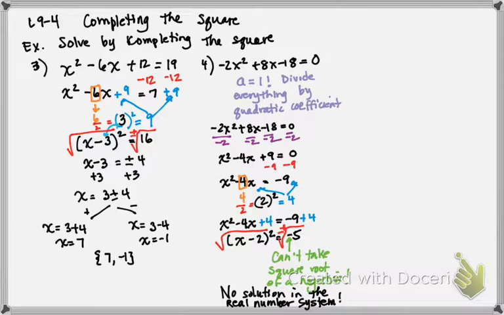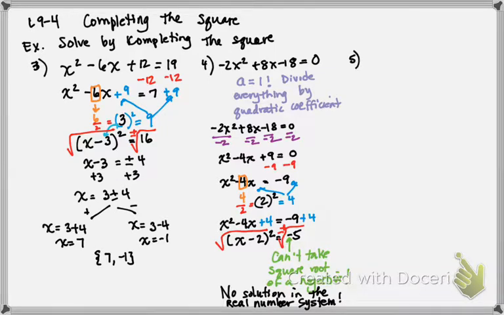Now the one thing you haven't seen yet, and I want to introduce you to it, is I've always had even linear terms. So what if I don't have a linear term that's even? Let's do one of those. And then we'll save the voila to the last.